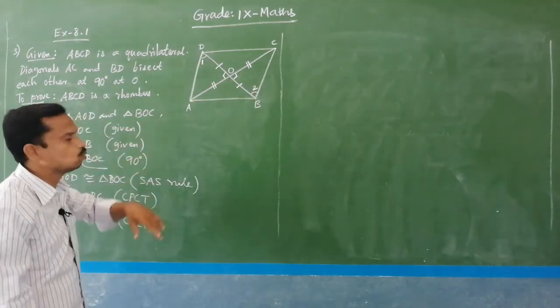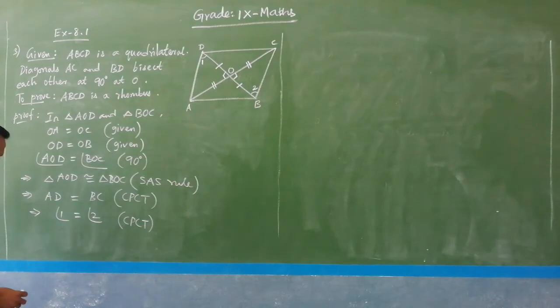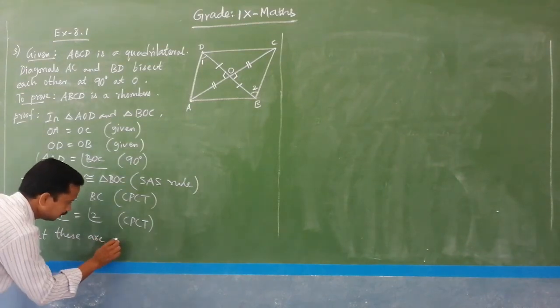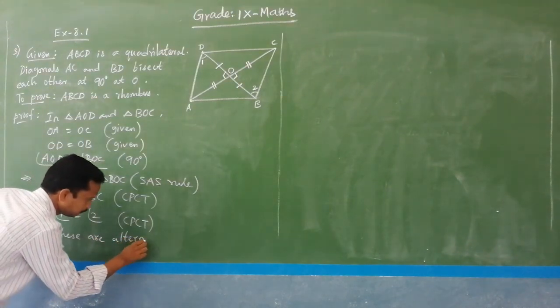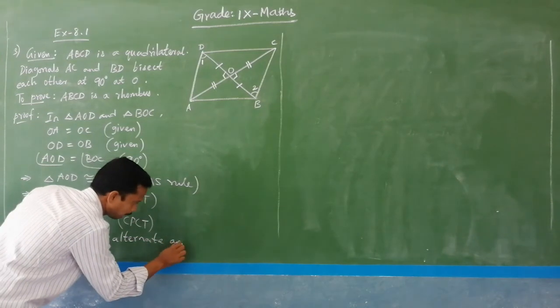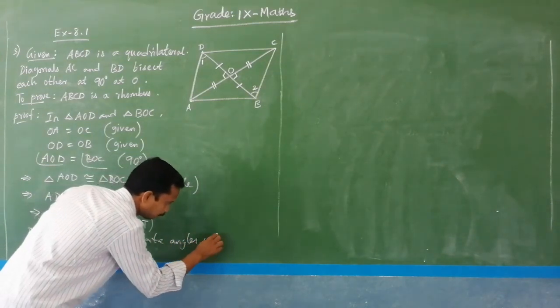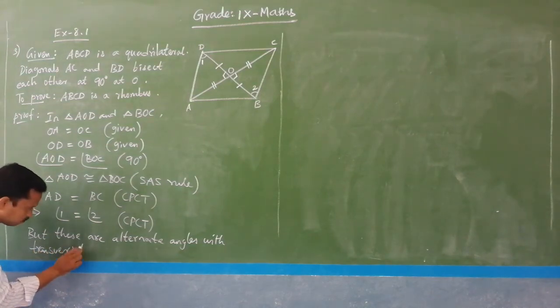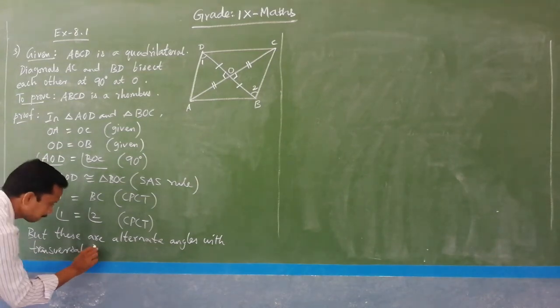Therefore, angle 1 and 2 are alternate angles with the transversal BD.